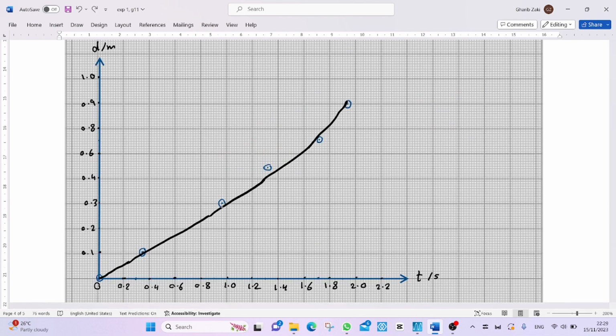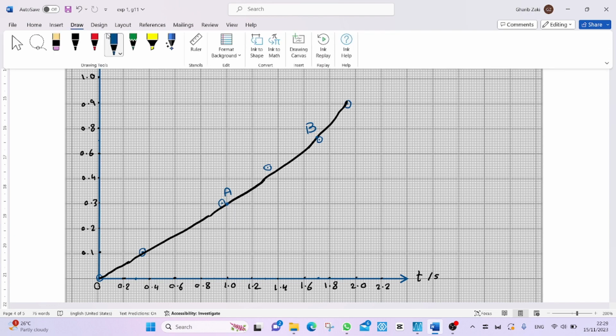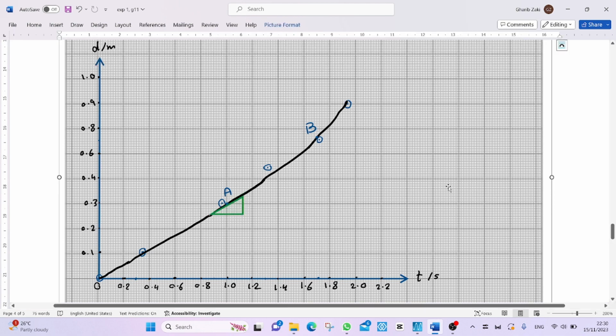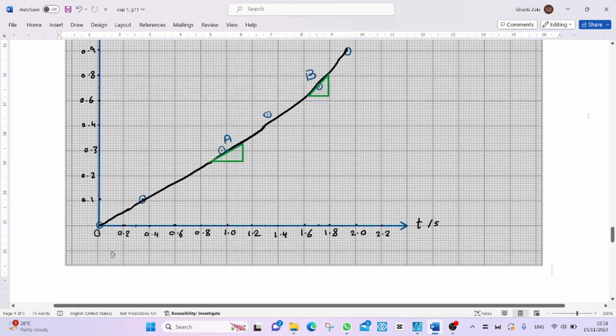We can take this point as point A and this point as point B. We draw the tangent at point A to find the gradient or the slope at point A. So this is the tangent, and we draw, of course, a triangle to find its slope.